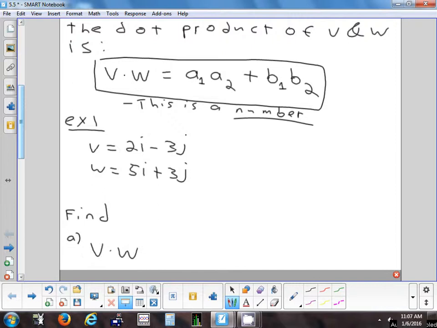All right, so let's try to find the dot product of these 2: 2i minus 3j and 5i plus 3j. Zach, what would be the first 2 things I'd multiply together? 2 and 5. Yep. So we got 2 times 5, plus, and can you give me the next 2 things I multiply?